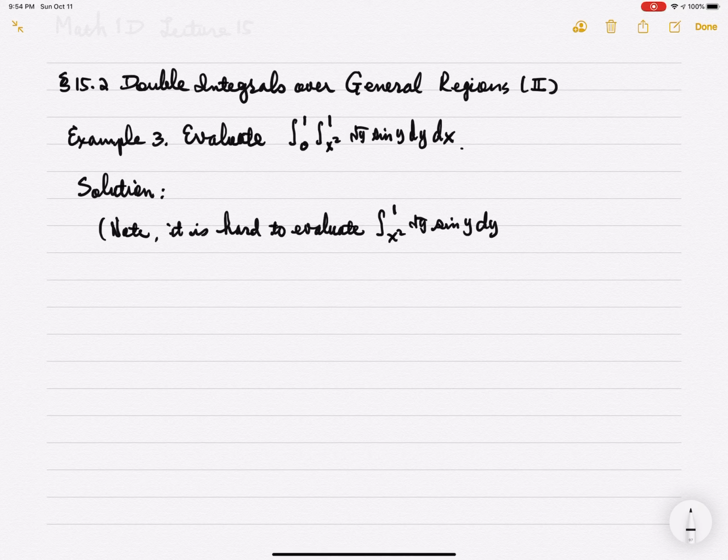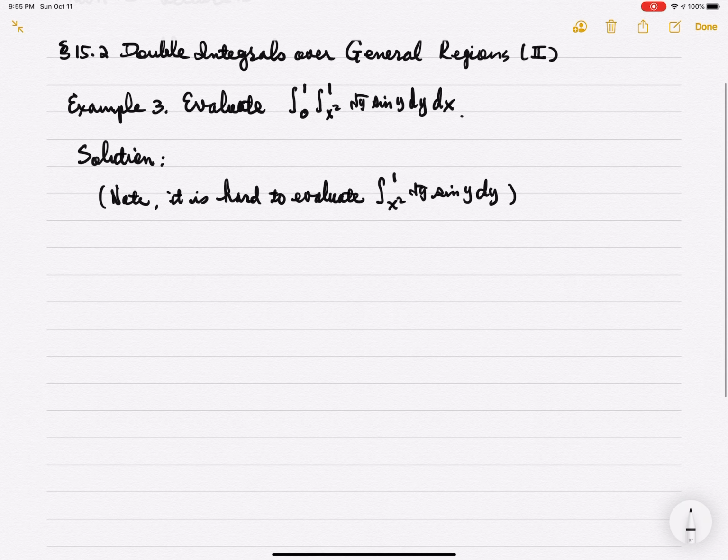Because it is hard to find the antiderivative, you can try integration by parts or substitution. You can try, and it's pretty hard. I'll let you try that.